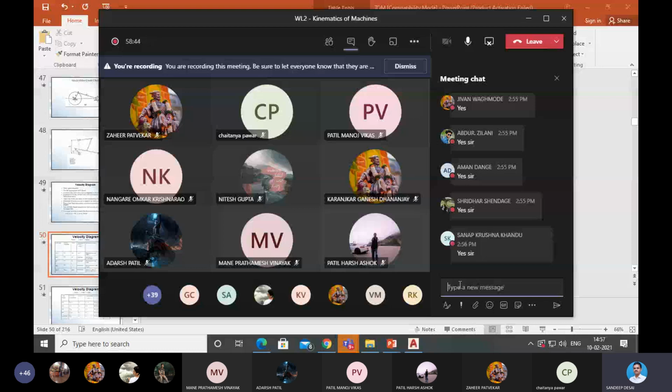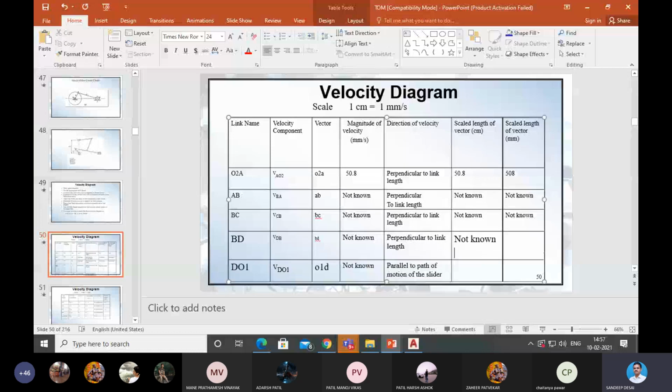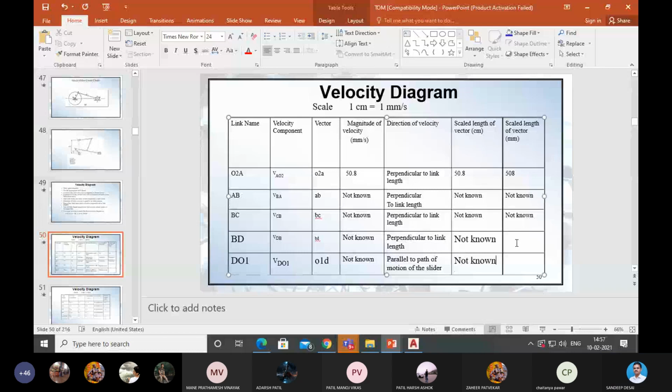Now, let us complete this. This is about direction of velocity and magnitude of velocity. Since magnitude is not known, there is no question of scale. That is also not known, at least at present.